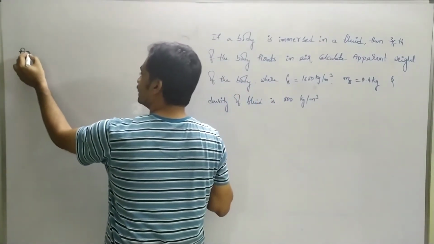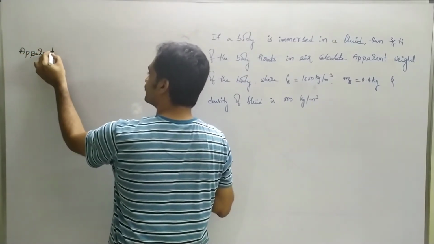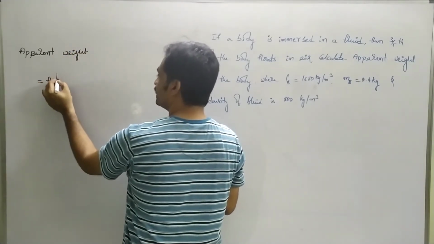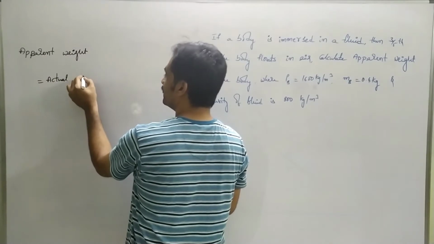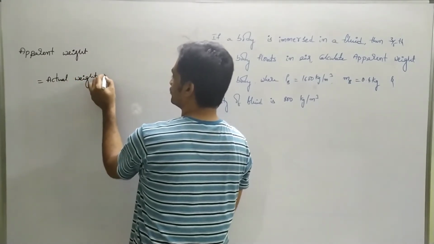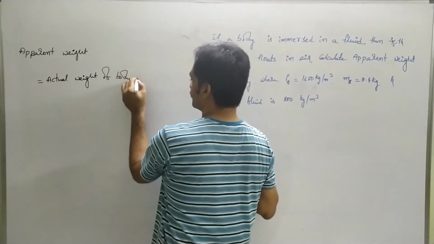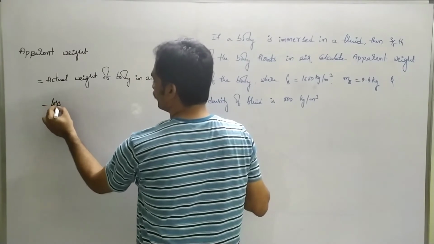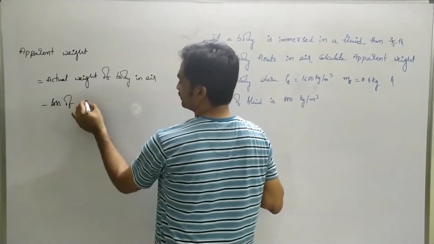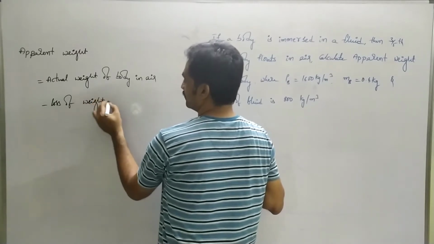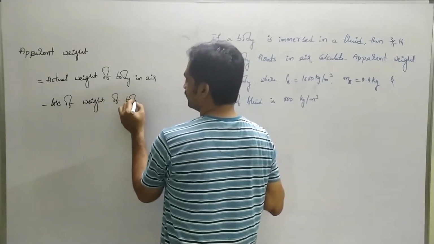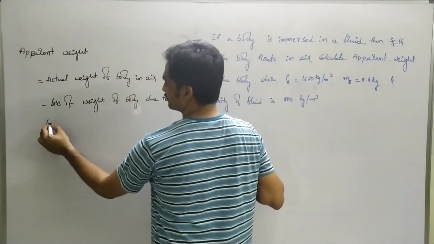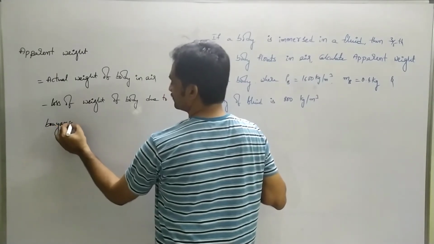Apparent weight of a body is represented as the difference of the actual weight of the body in air and the loss of weight of the body due to buoyancy force or upthrust.